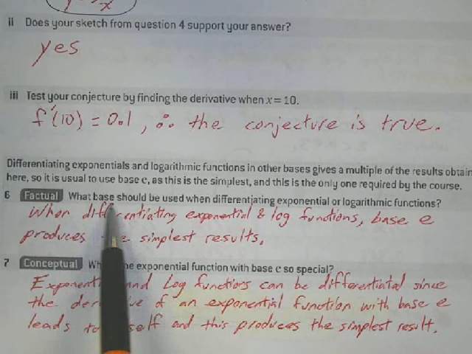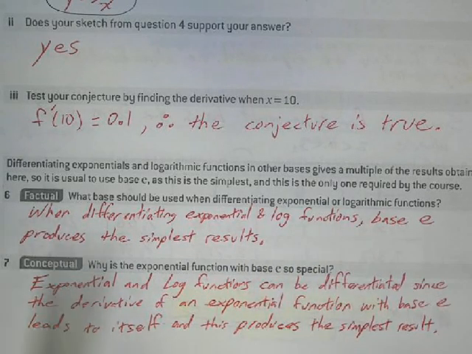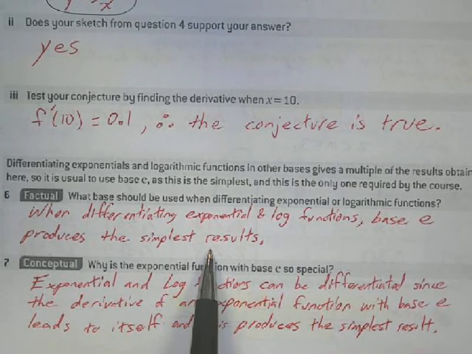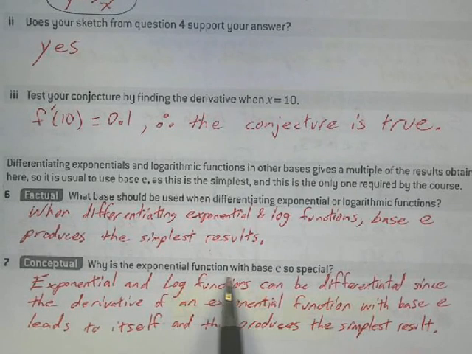What base should we use when we're differentiating exponents and logs? We should use base e. It provides the simplest results. Why are the exponential functions with base e so special? So exponentials and logs can be differentiated.